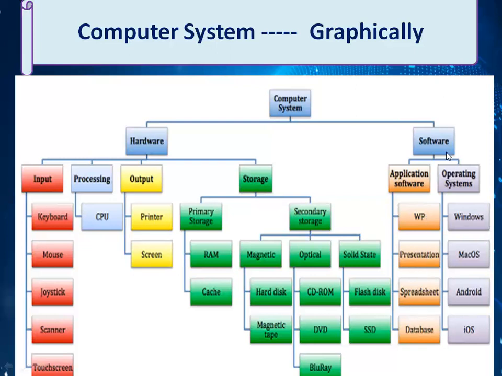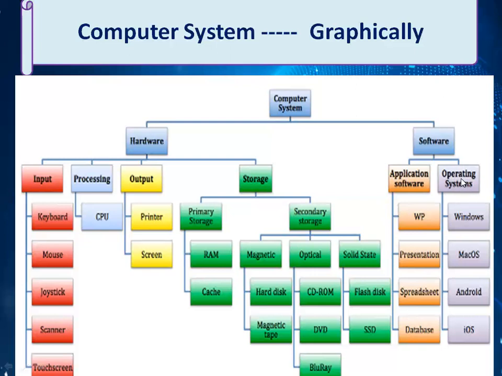When we talk about system software, it consists of different types, and the operating system is a major type of system software. We have many other types of system software as well, like language translators and utility programs, but the operating system is the major and important type.